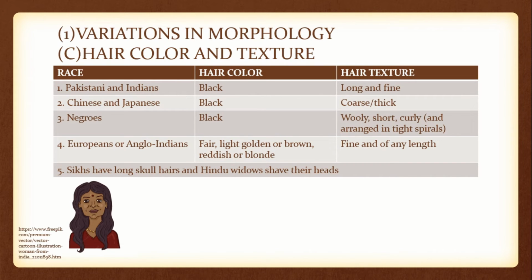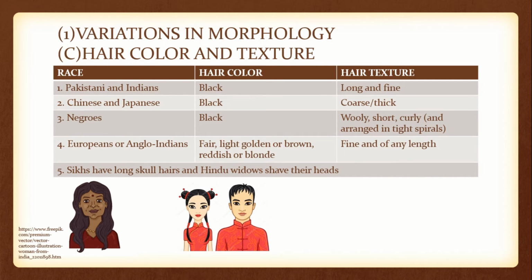As you can see in the animated picture I've added over here as well, this lady has black hair that is long and fine, so she would most probably be either a Pakistani or an Indian.